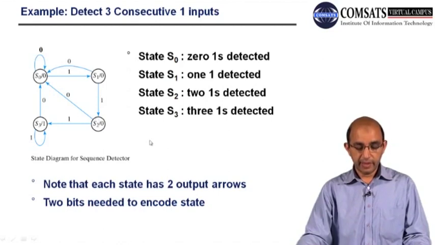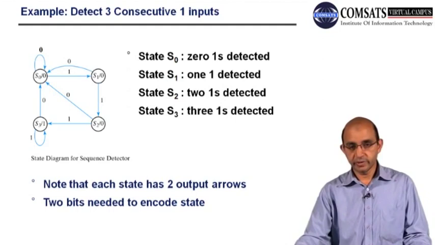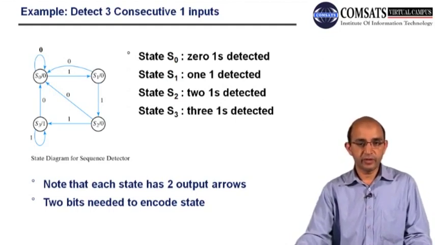And because this is very simple, we have 4 different states. If I count, 1, 2, 3, 4, how many bits are required in order to map those states? Obviously 2 bits. We need 2 bits in order to map or encode those states.